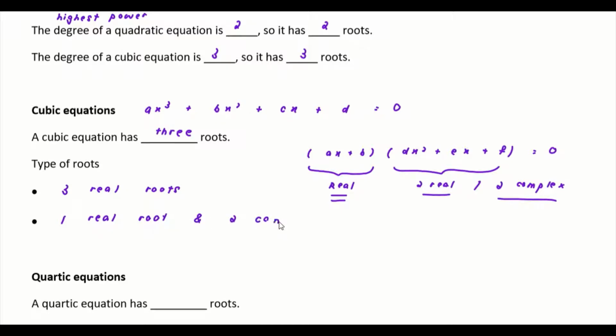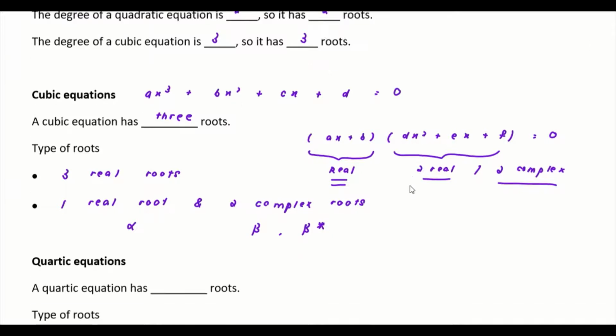The two complex must come in a conjugate pair as well. If this is alpha, then your complex root is beta, and the other one is the conjugate of beta. So you will never have two real roots and one complex root, as explained here.